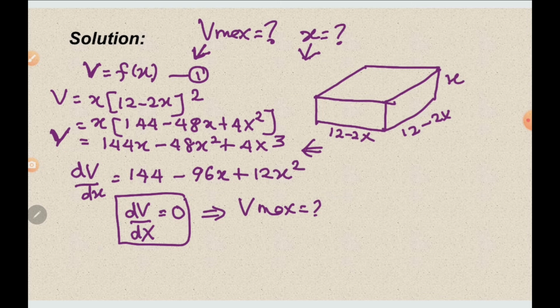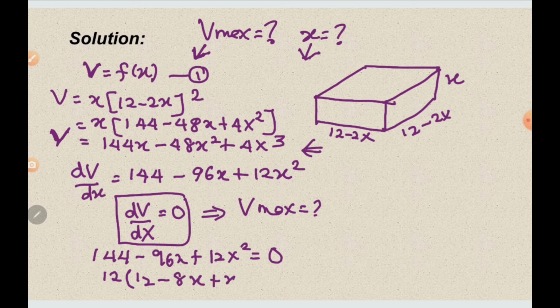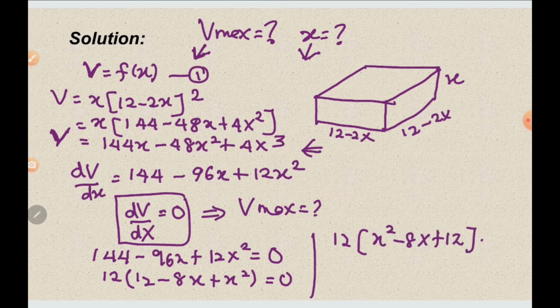Therefore, 144 minus 96x plus 12x squared equals 0. Then you can factorize out 12. You will get 12 times (x squared minus 8x plus 12) equals 0.